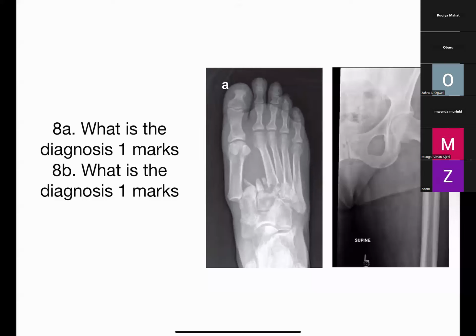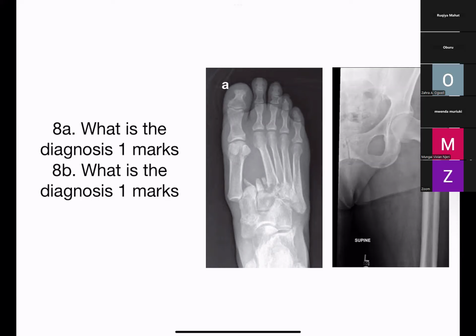What's the diagnosis in A and B? I think maybe a stress fracture. Is it? What do you think?